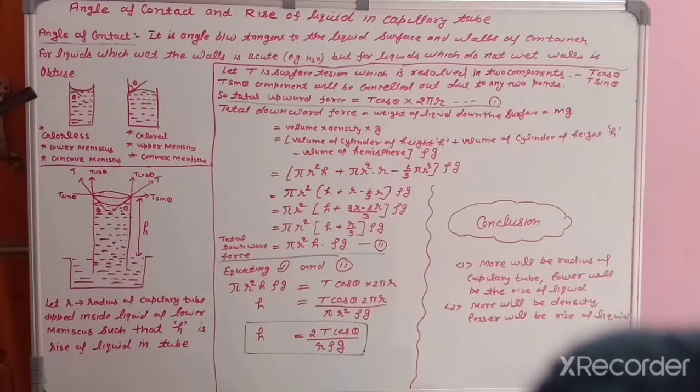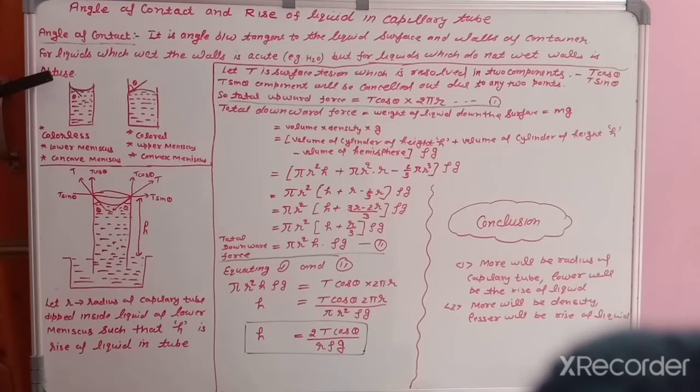Okay, so students, here I have taken two types of liquid. One for which the angle of contact is less than 90 degrees, and for the second the angle of contact is more than 90 degrees. If I take this liquid, it is colorless. Here you can't judge it, but the liquid for which the angle of contact is less than 90 degrees is colorless, and it has a lower meniscus.